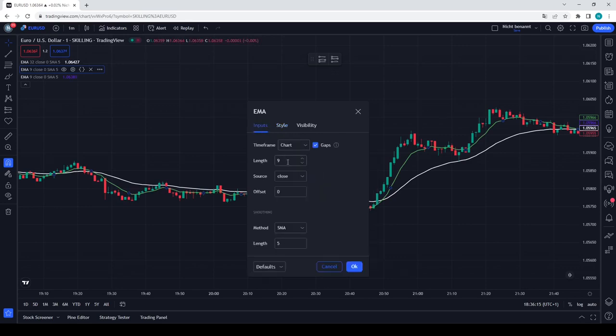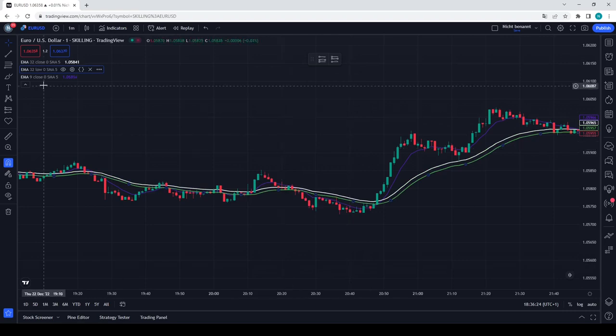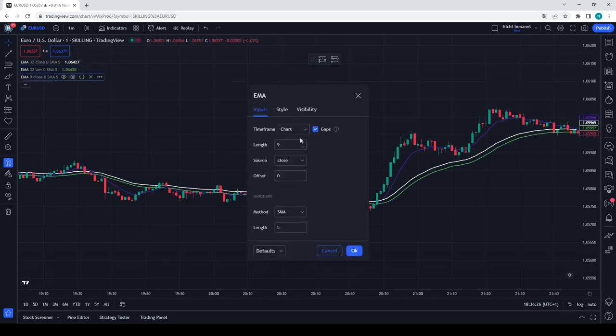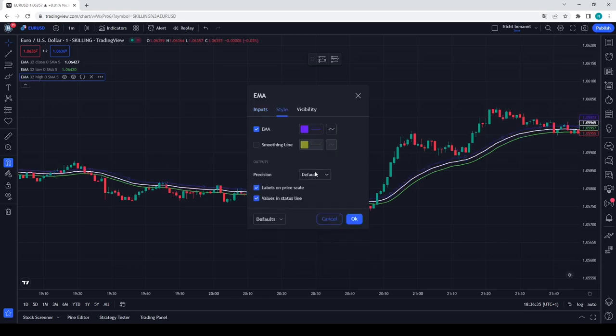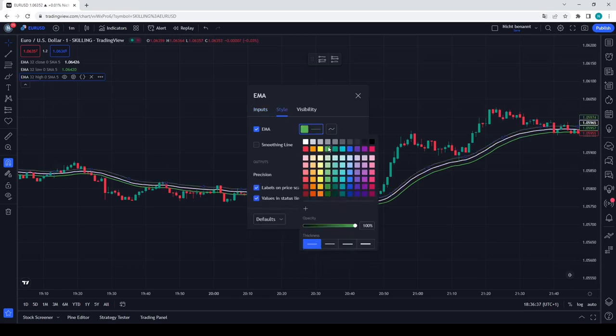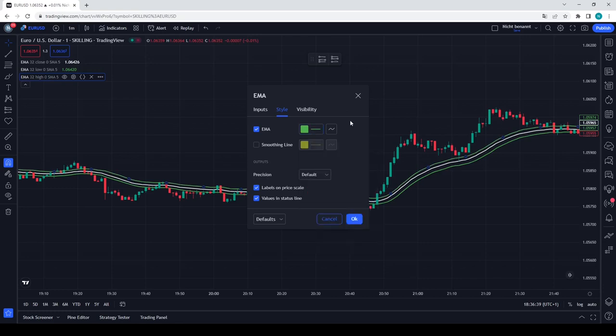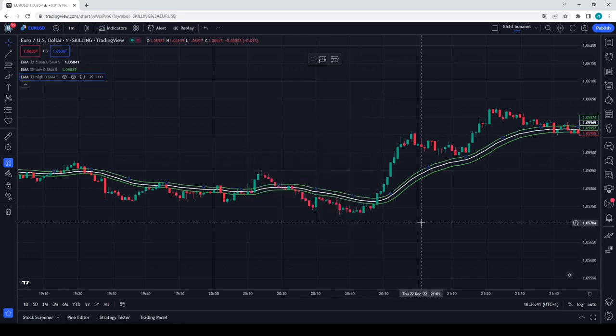On the inputs we are going to 32 as well, and the source will be low. Click on OK, and we do the same with the third indicator. So here the same length, 32 as the other two. The source here will be on high, the style as well in green, and the same thickness as the other two. And that is already the setup.